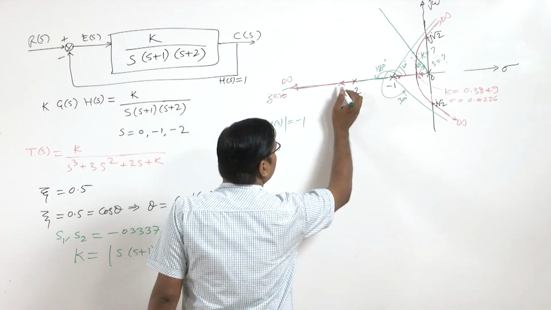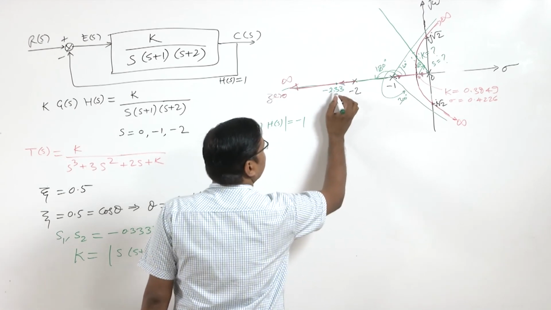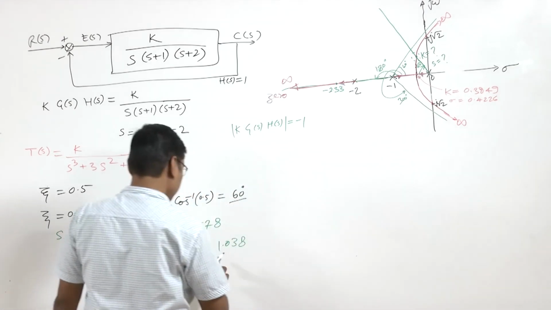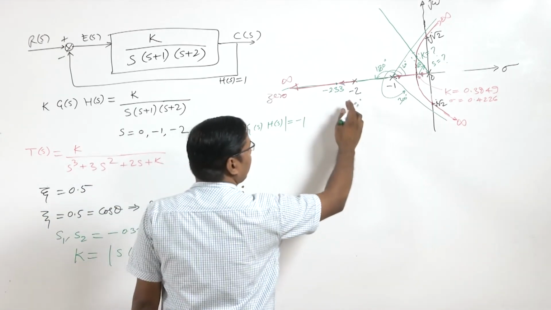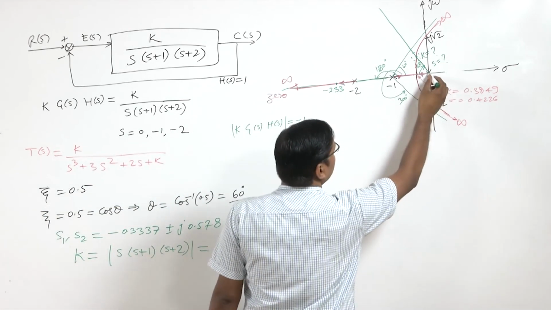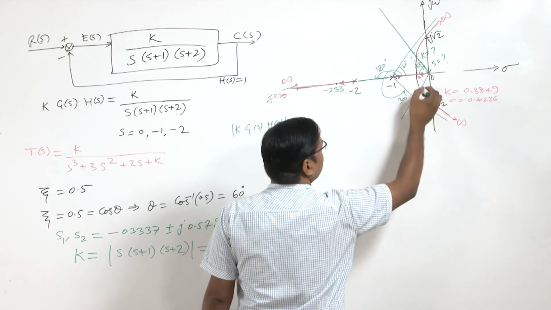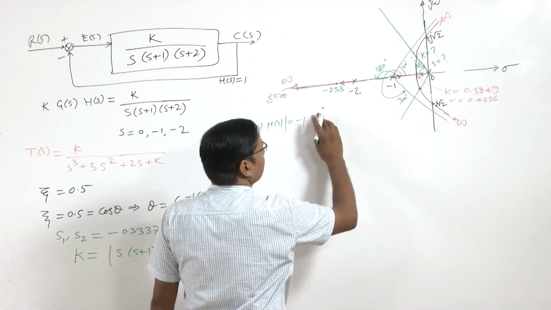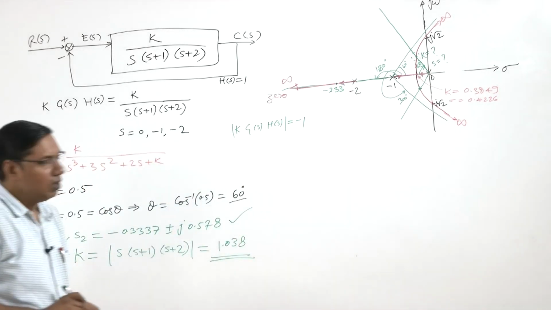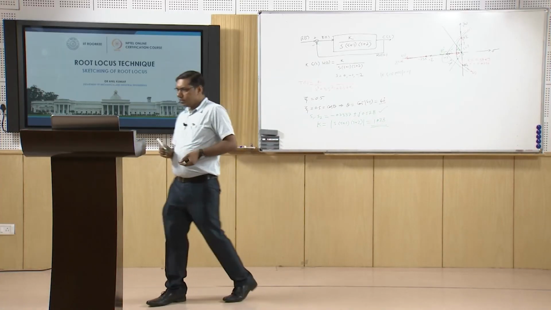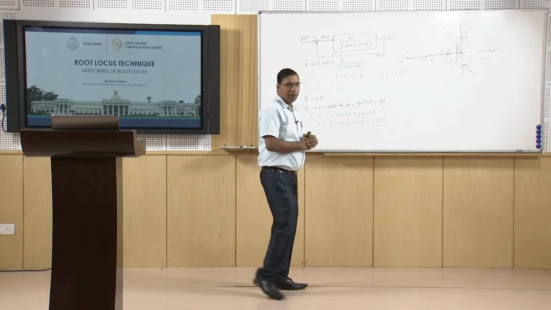So it is here, the point corresponding to minus 2.33 for the same gain, because at this gain we should get all three poles. So two poles here, and the third pole is this minus 2.33. So that's how we obtain the poles that are cutting this damping line.